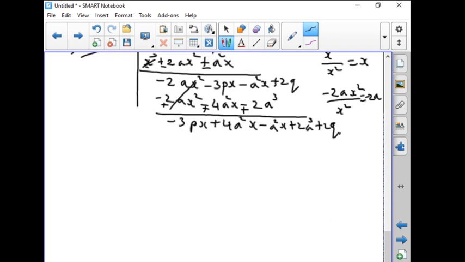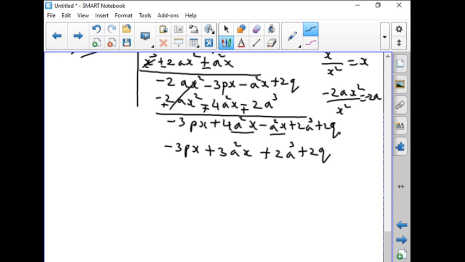Here, see, these are similar terms. Therefore it is minus 3px plus 3a square x plus 2a cube plus 2q. And this is the remainder. We have seen that the remainder is equal to 0.